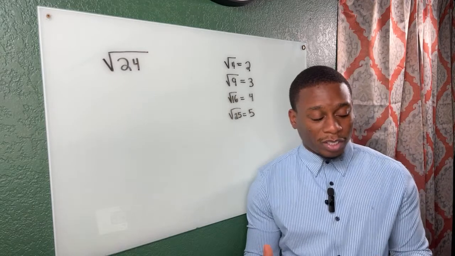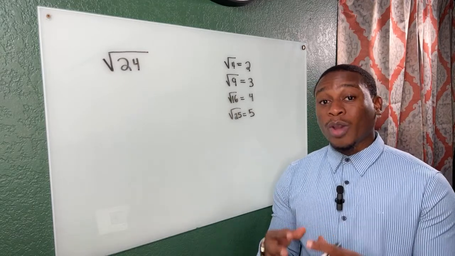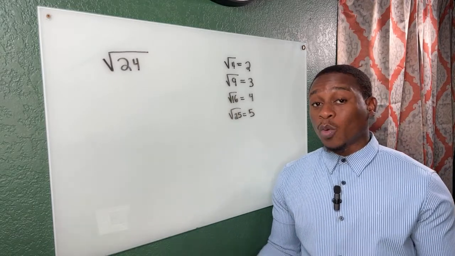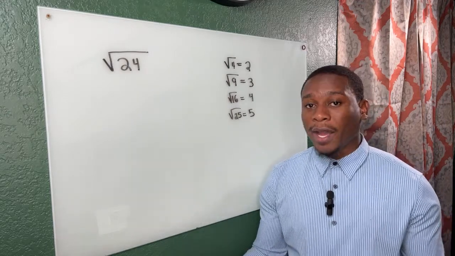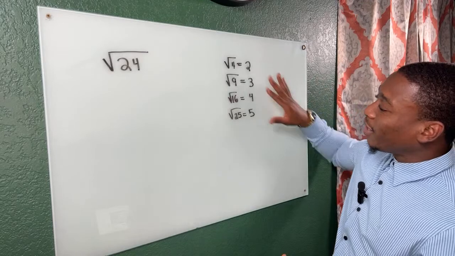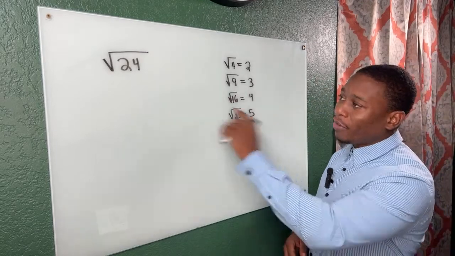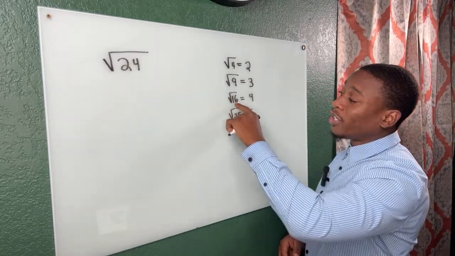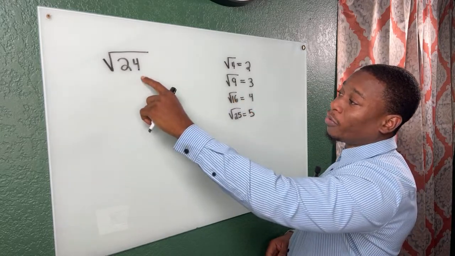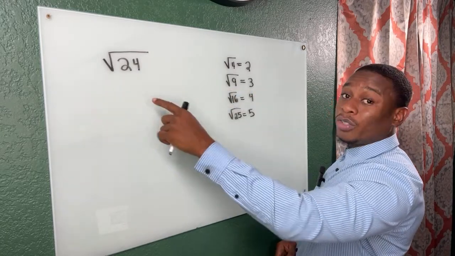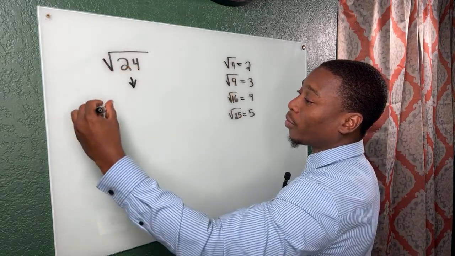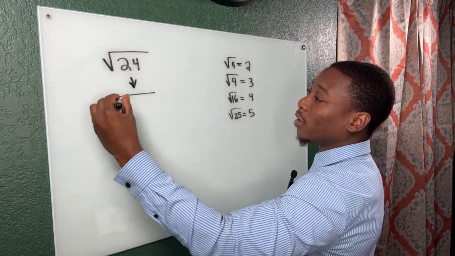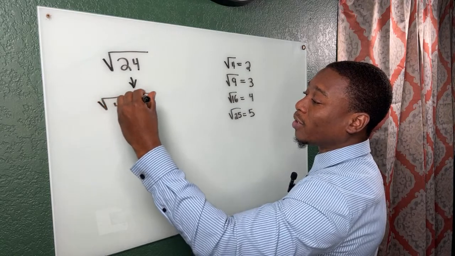But typically what I tell students is this. We're going to try to divide using the largest perfect square. So anytime you have a radical, use your perfect squares to divide. So when we look at these, I know that 5 can't go into 24. 16 can't go into 24. 9 can't go into 24, but 4 can. So if I broke this radical down, I could break this down as 4 multiplied by 6.